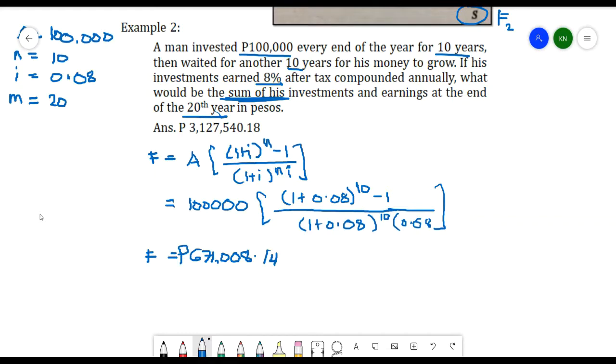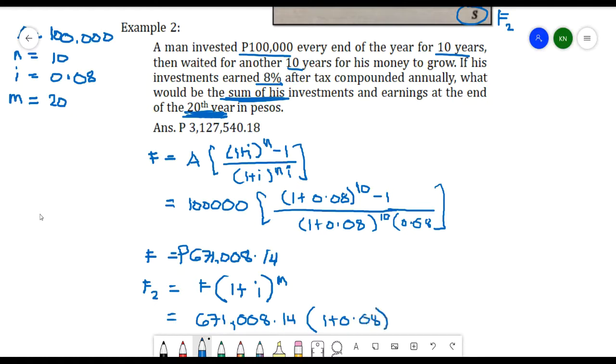Now we still need to find the sum of the money after the 20th year. So meaning to say, we have F sub 2 is equivalent to F times 1 plus I raised to M. So we have 671,008 pesos and 14 centavos multiplied by 1 plus 0.08 raised to our M, which is 20.